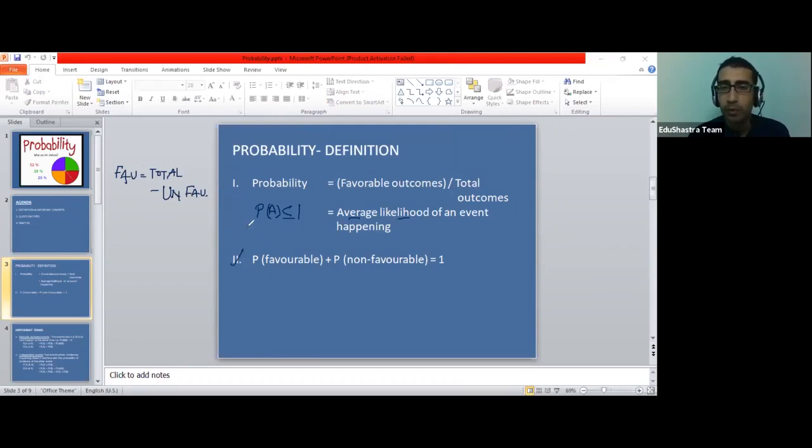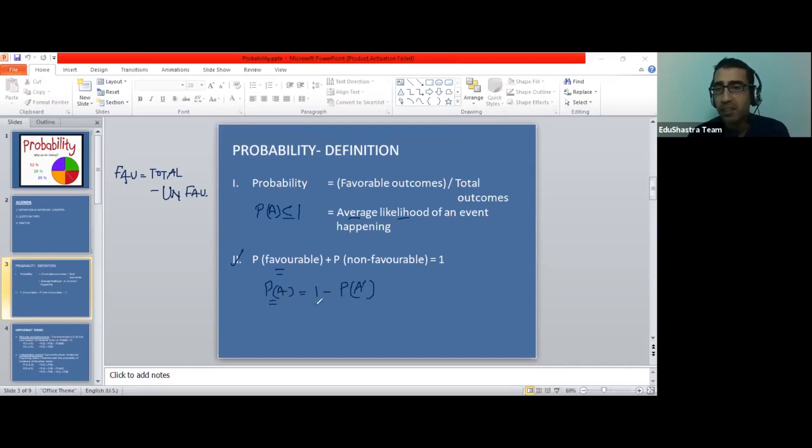Concept number 2 is very similar to that, in which probability of an event happening, favorable probability, let's say P(A), A is that event, is nothing but 1 minus the probability of A not happening. Probability of A not happening is also denoted by A dash, just relevant in case you see this somewhere in some reference book. So please remember this.